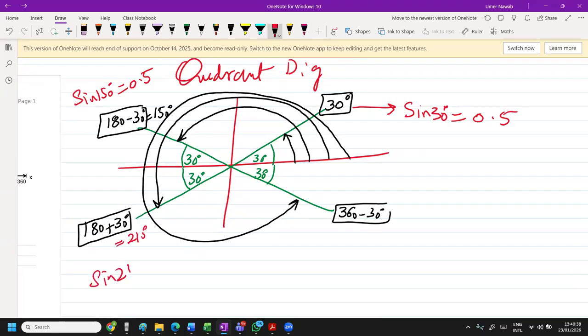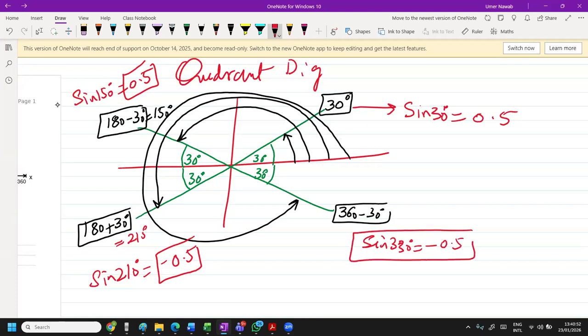Sine of 210 will give you minus 0.5. And sine of 330 degrees will give you negative 0.5. Don't you think, guys, all of them magnitude-wise are giving you 0.5?